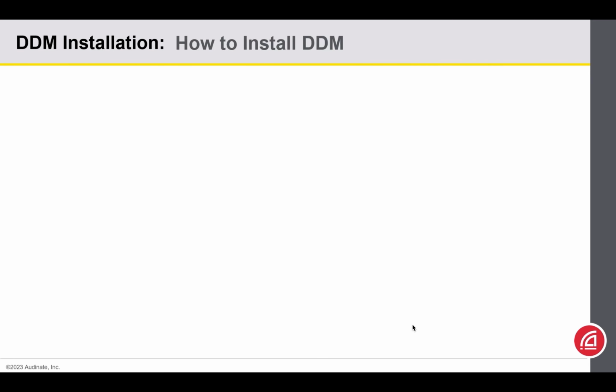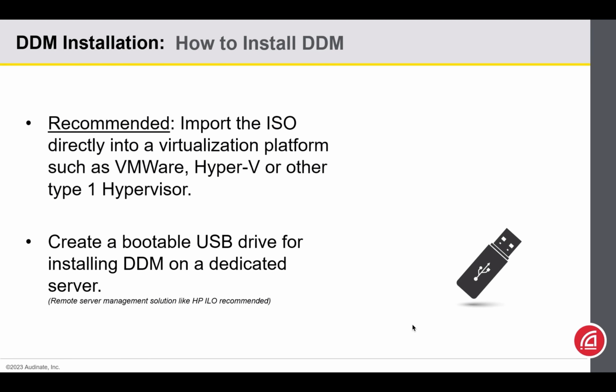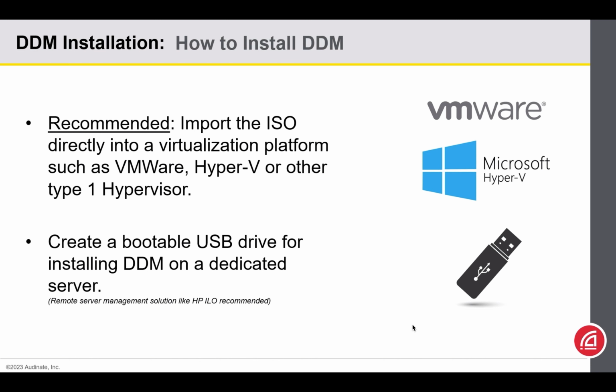Now, you have 2 ways of installing DDM: on a dedicated server or in a Type 1 hypervisor environment. We always recommend to use a virtual machine such as VMware, Hyper-V, or another Type 1 hypervisor for DDM. Type 2 hypervisors such as Oracle VirtualBox can be used for initial testing and demonstrations, but are not suitable for permanent installations.